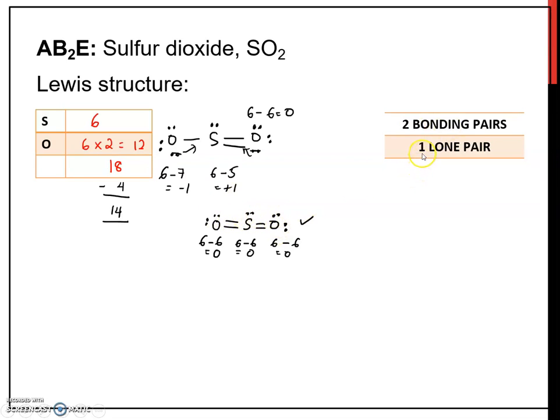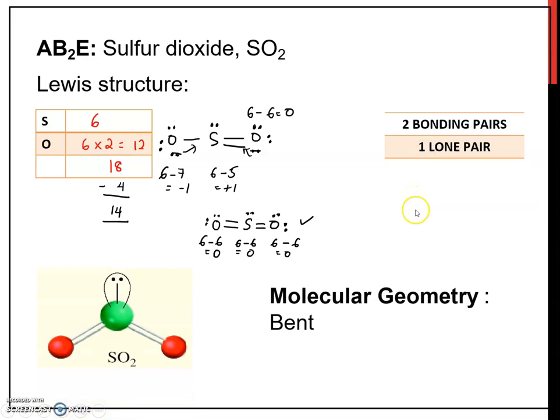So under this one, the shape or geometry is bent. In geometry form, it looks like this. Bent structure.